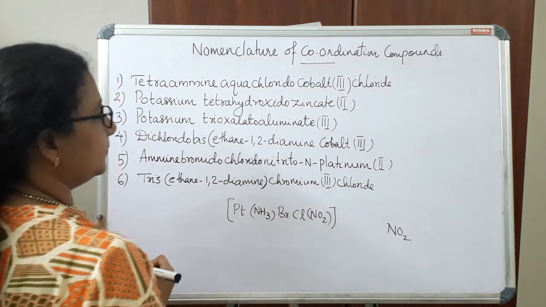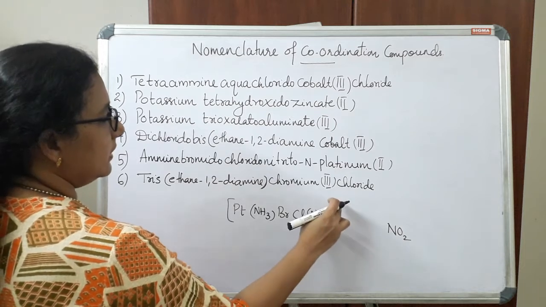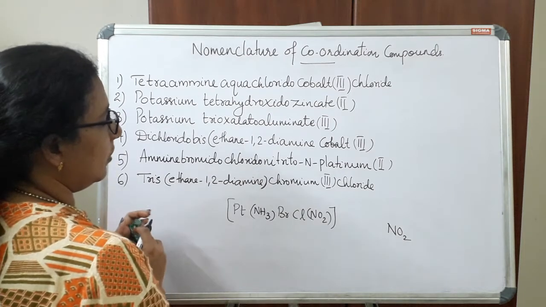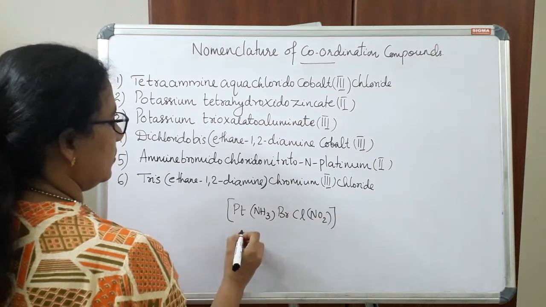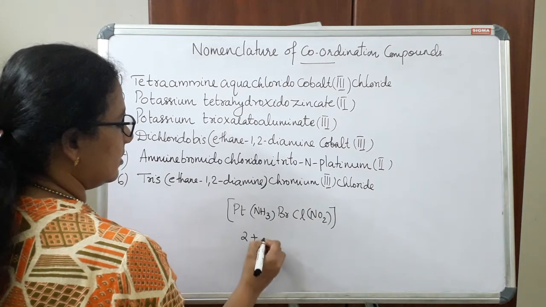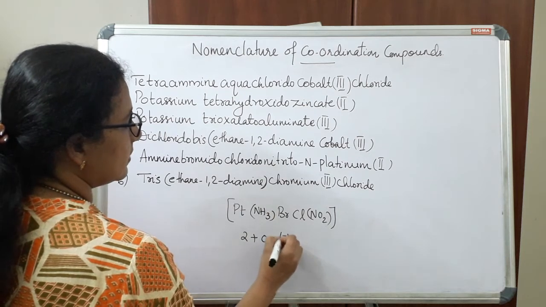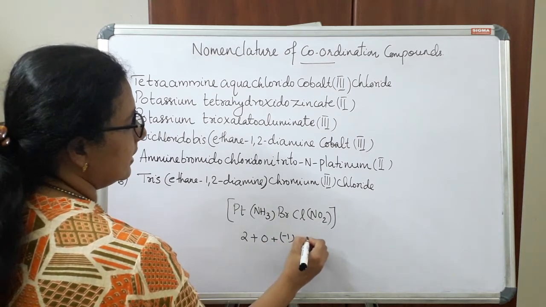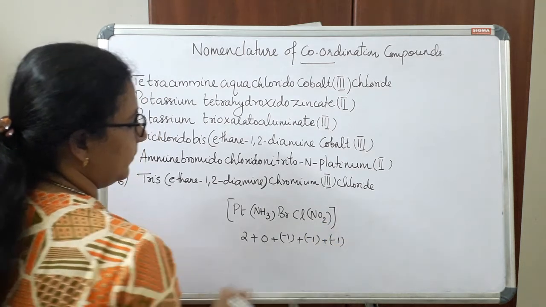Then we need to find out the charge of this complex part. So for that we can use this 2. So platinum is 2 plus, NH3 is 0, it is a neutral ligand. Then bromine, it is minus 1. Again Cl, it is minus 1. NO2 also, it is minus 1.